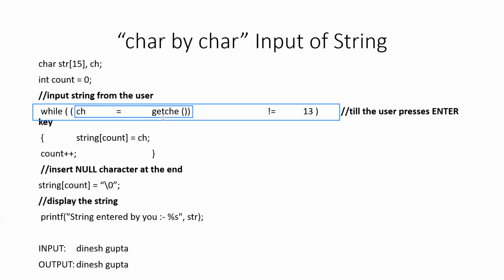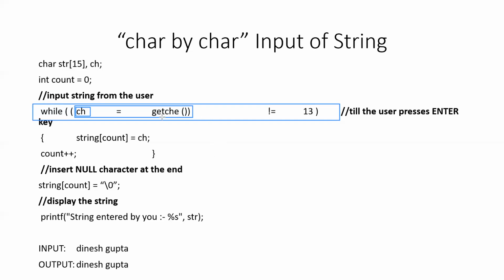When a user presses any key, the input is accepted from the user and it is transferred to the character which is placed on the left side of the assignment operator. As you can see, on the left side of the assignment operator, we have ch. So ch is equal to getche. This statement is supposed to accept a character input from the user without having to press the enter key.